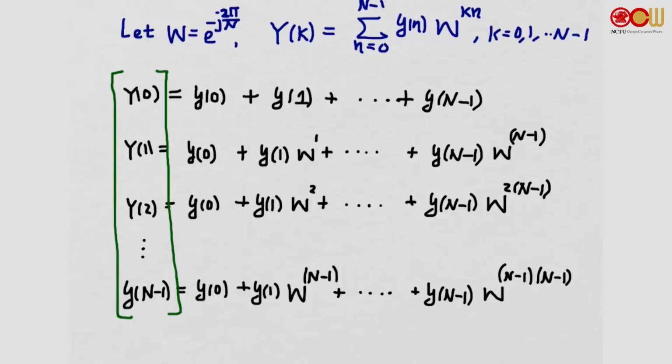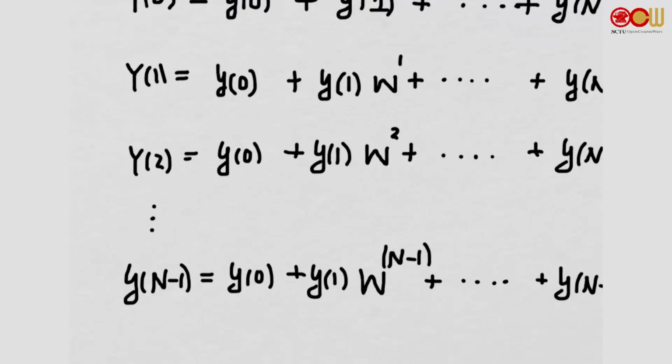We can put all the DFT samples into one big vector of length N. This is a big N instead of small n.